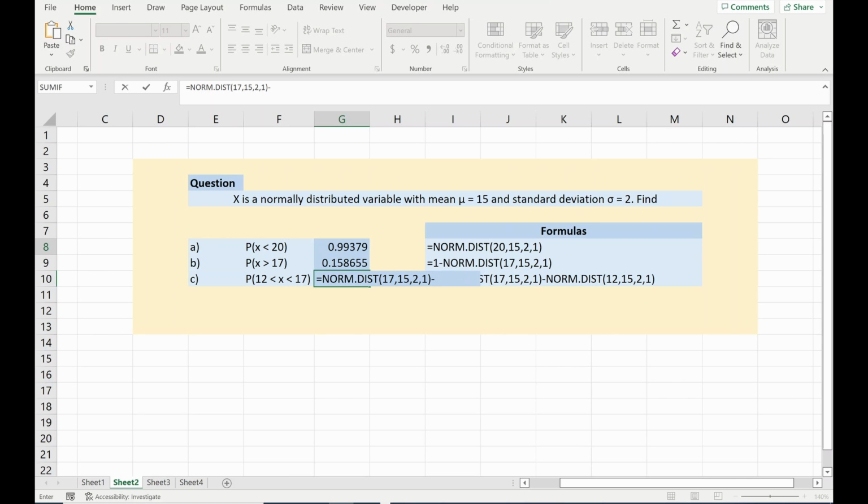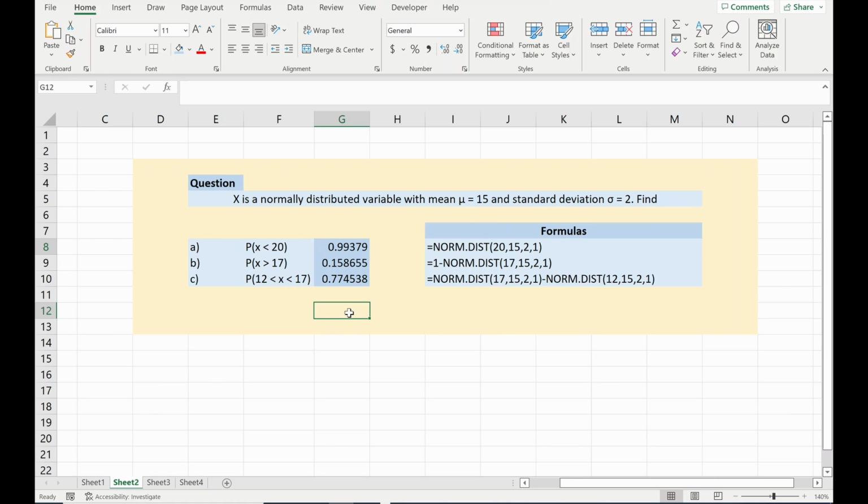And then we're going to subtract off the probability that X is less than 12. Norm.Dist, 12, 15, 2, 1. What this is saying is take the probability that X is less than 17 and subtract the probability that X is less than 12. Because if it's less than 17, but it's not less than 12, it's in between 12 and 17. So hit enter, and we see 0.7745 or 77% or so.